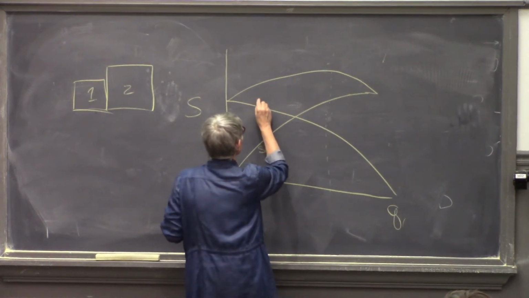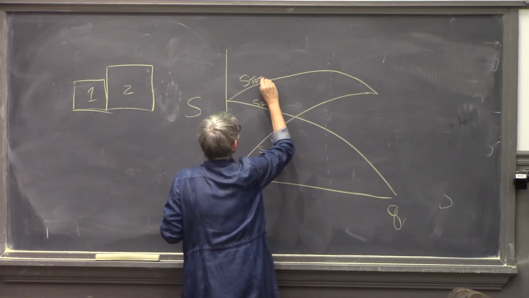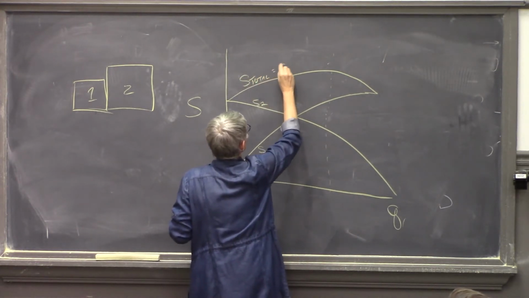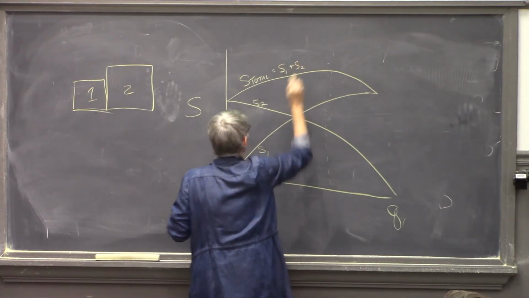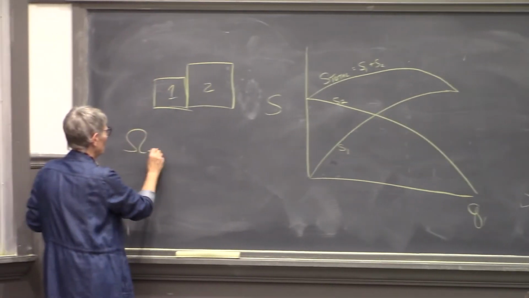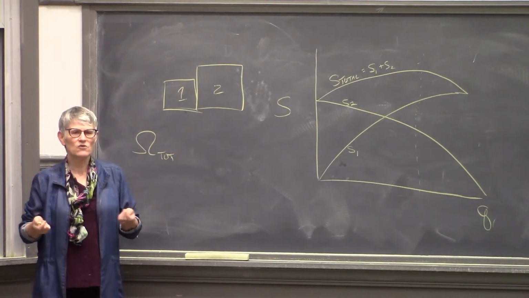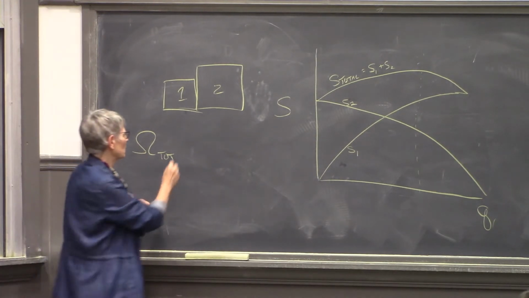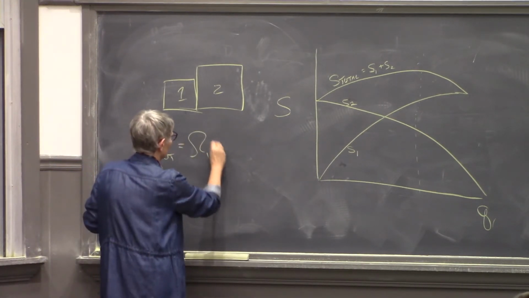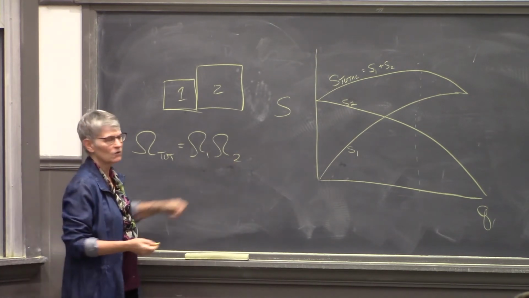And this is the entropy of block 2. And this is the total entropy, which is S1 plus S2. Because remember, we said the total number of ways of arranging energy among both blocks was equal to the product of the ways of arranging energy in block 1 times the ways in block 2.